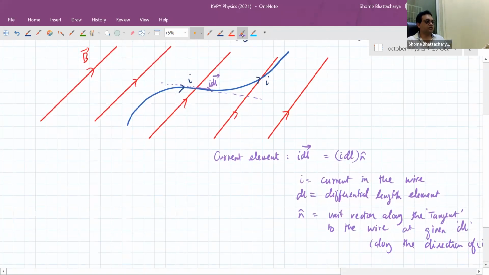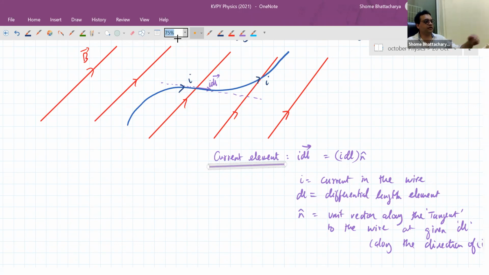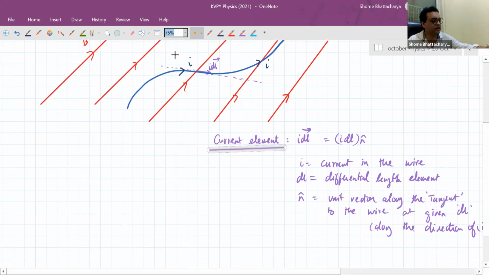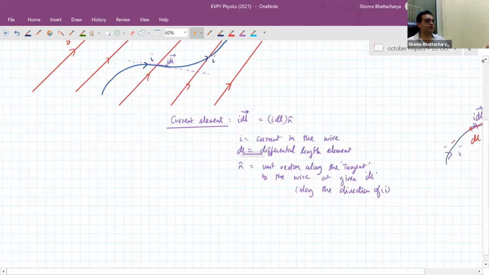Next we will apply magnetism to understand what is the magnetic force acting on this current element because of that current carrying wire. When we observe this, there are two ways to understand it. One is to think of it as an experimental result.